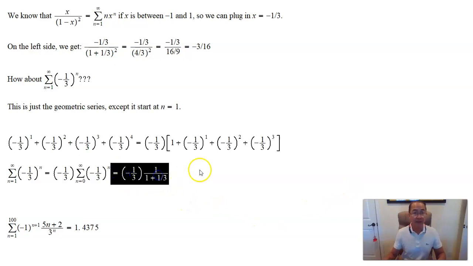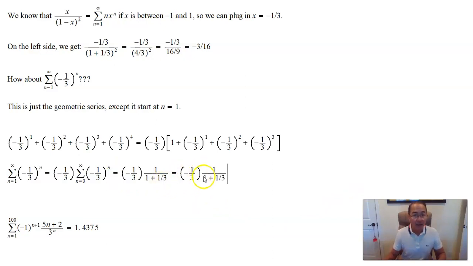Is that right? Yeah, so that's 4/3 down here. And it flips over to get 3/4. 3 goes up, 4 stays down, and we get minus 1/4. Minus 1 over 4.